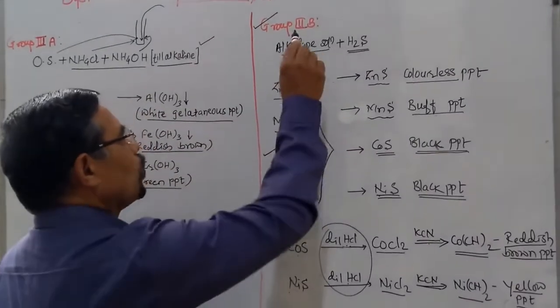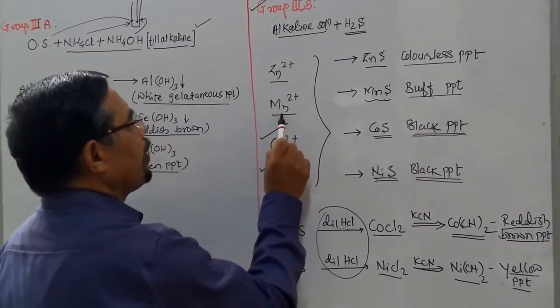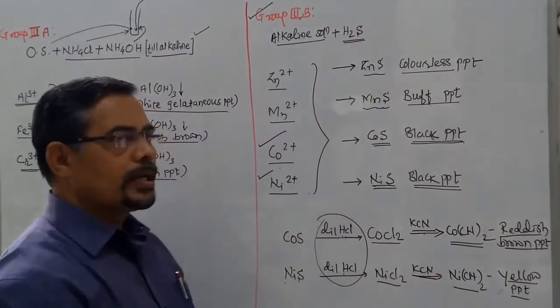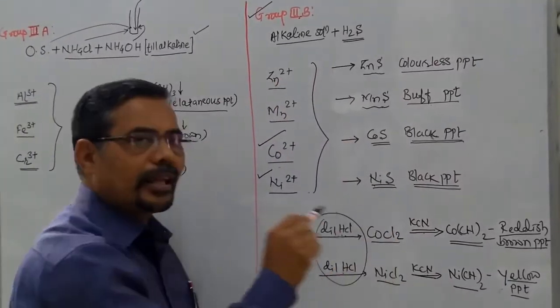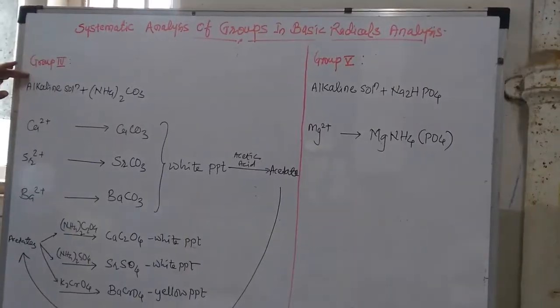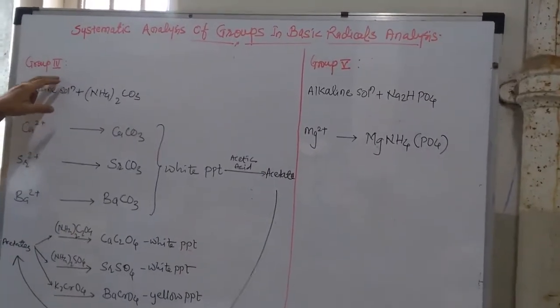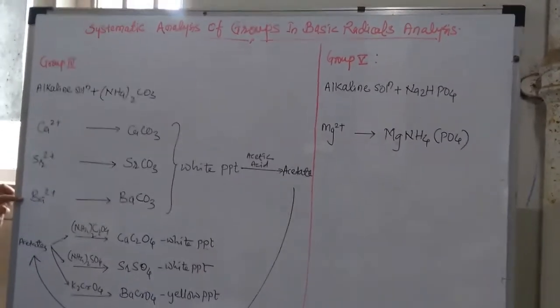In this way, group 3B, which consists of Zn2+, Mn2+, Co2+ or Ni2+ radicals, can be identified easily. The analysis of the next group contains the radicals calcium, strontium and barium.